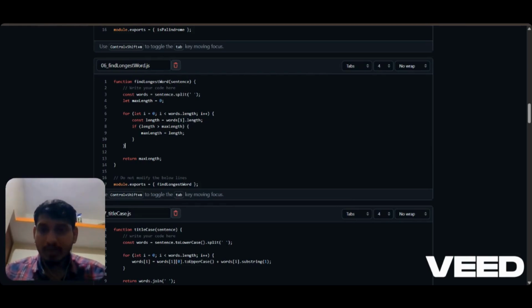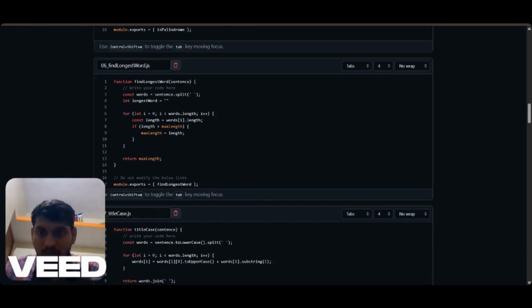In the code, let longest word equal to an empty string, and we store each word into this variable.